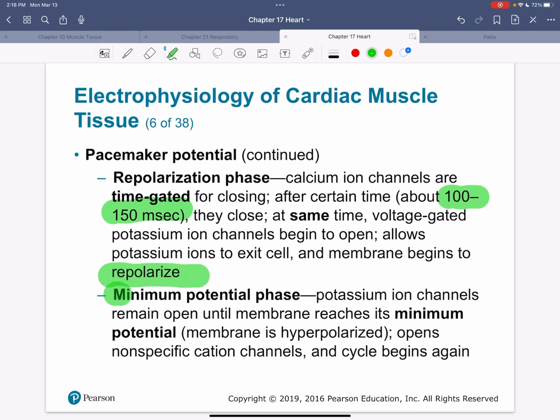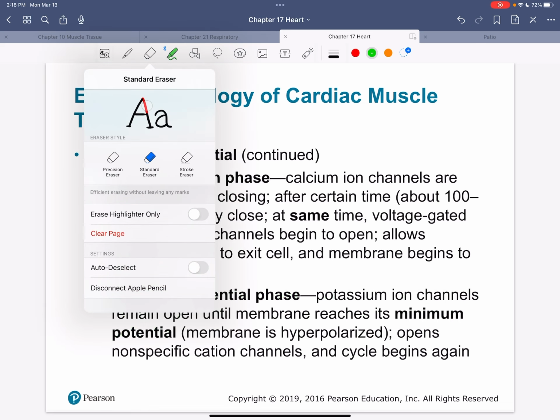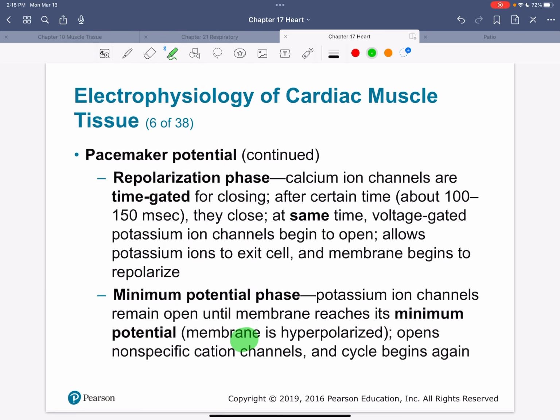After that, we have something called the minimum potential phase. And this is where the potassium ion channels remain open until the membrane reaches its minimum potential. Now, what does this mean? This means at the end of this phase, I am back to hyperpolarization.